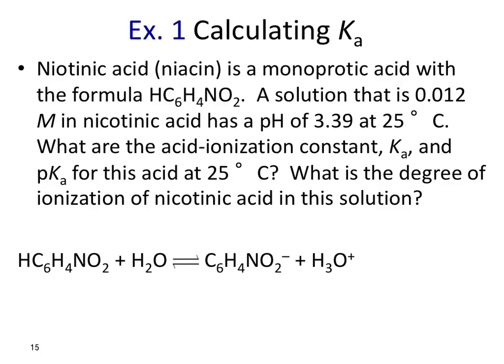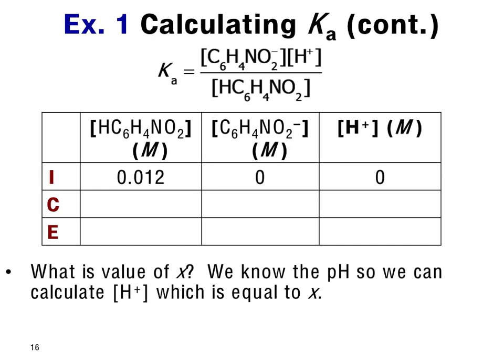And so here we can see what the chemical equation is for this dissociating. So let's go into solving it. Remember, ice tables are back. So we wrote out the Ka here, and we put in our initial concentrations. If we want to find what Ka is, we need to find what the concentrations are at equilibrium.